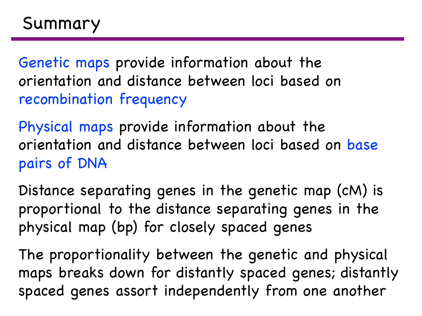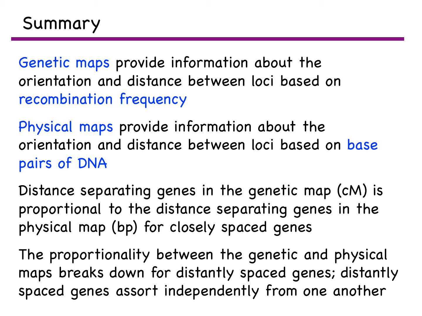Okay. So to summarize what I've told you in today's lecture, genetic maps provide information about the orientation and distance between loci based on recombination frequency. And physical maps provide information about the orientation and distance between loci based on base pairs of DNA. And as it turns out, the distance separating genes in the genetic map, which is based on recombination frequency, is proportional to the distance separating genes in the physical map, which at the highest resolution is based on base pairs of DNA.